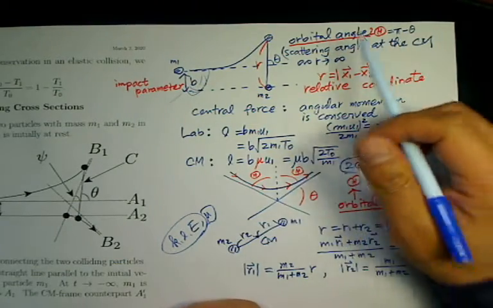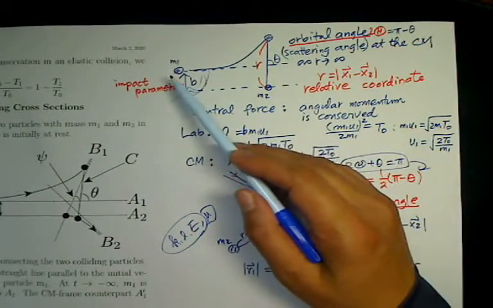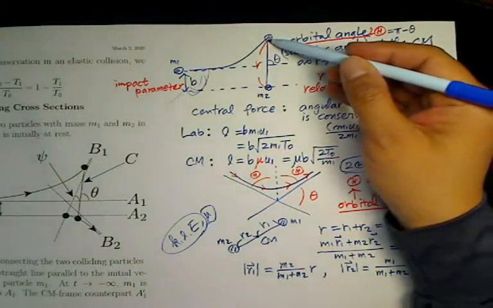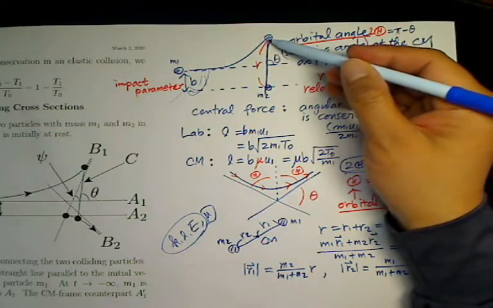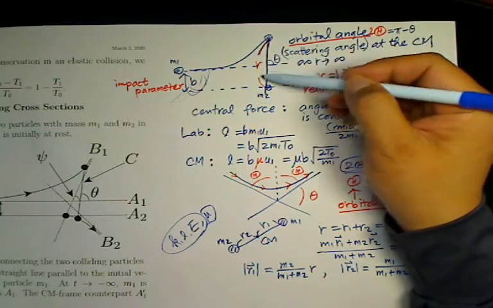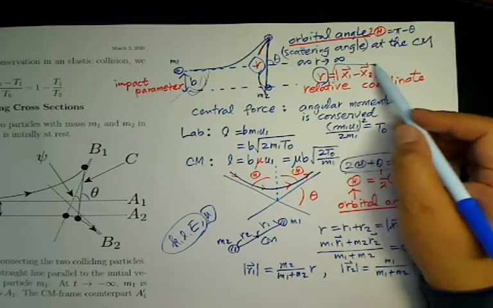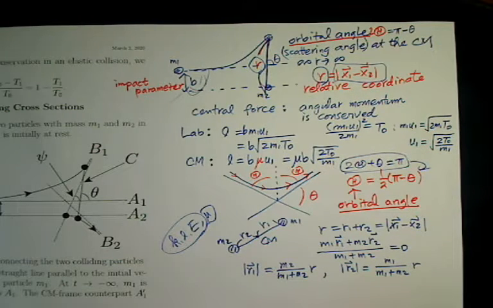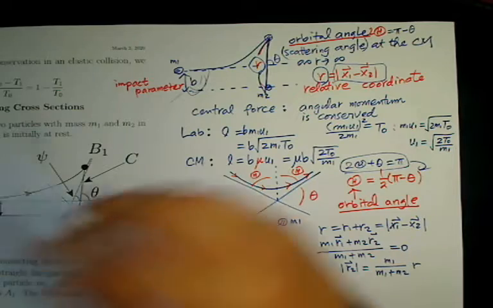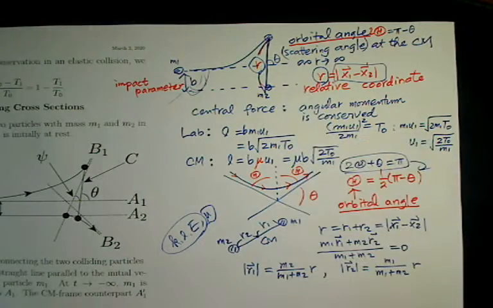All right. And during the interaction, we can draw a line connecting the two objects. The distance between the two objects is the relative coordinate that we describe after subtracting the center of mass, the center of momentum. The relative motion is always described in terms of the relative coordinate. It is not the distance from the center of mass, but the distance between the two objects.